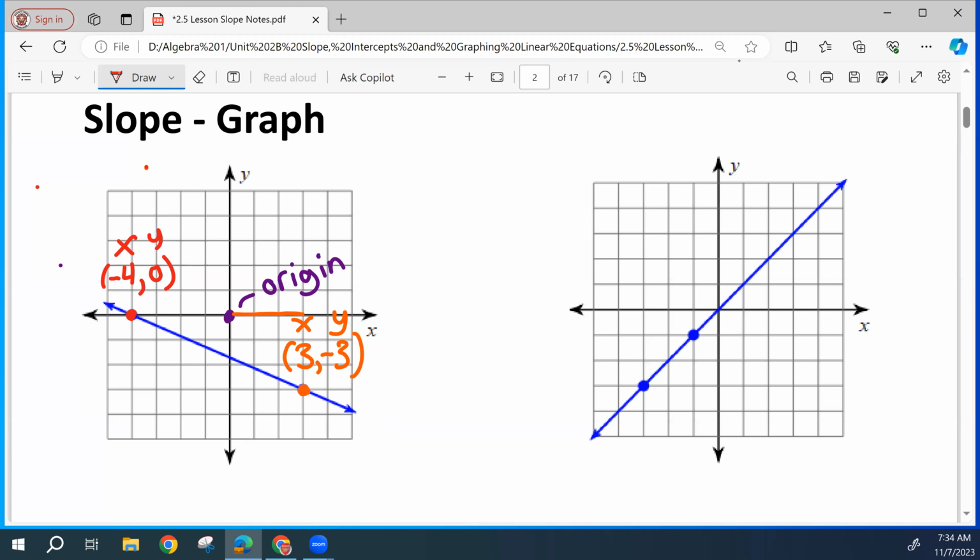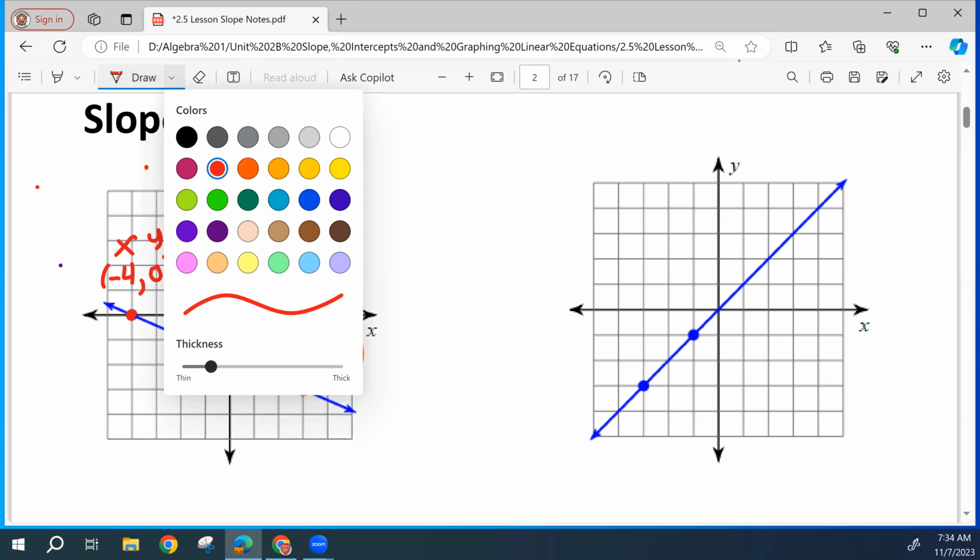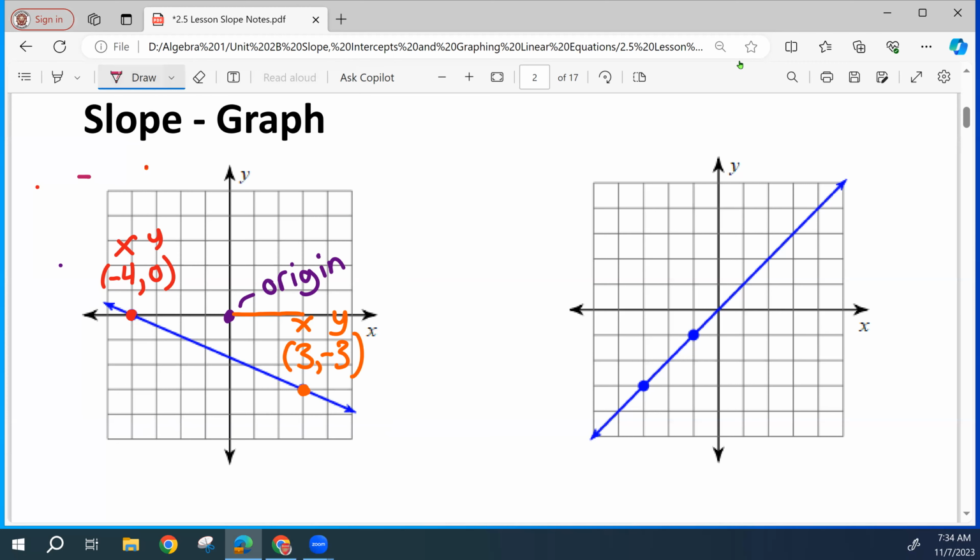We can use these two coordinates to decide how slanted or how sloped this line is. Whenever we have a line that goes down to the right, so as I read from left to right my line is going down, it's going to have a negative slope.